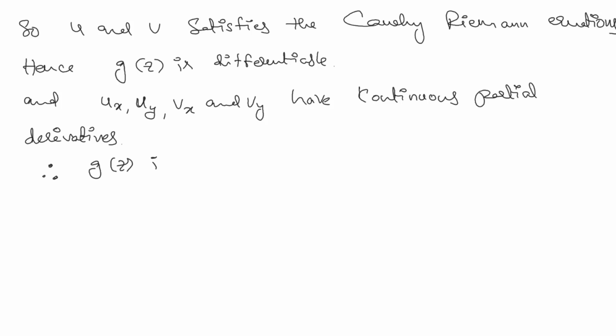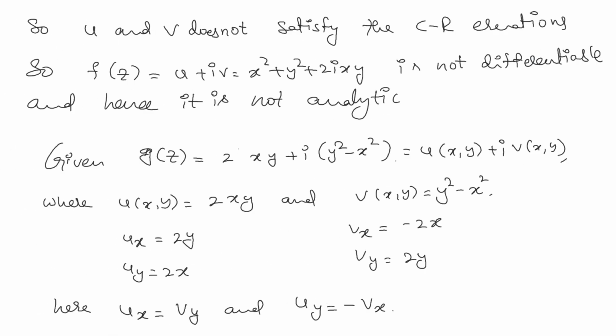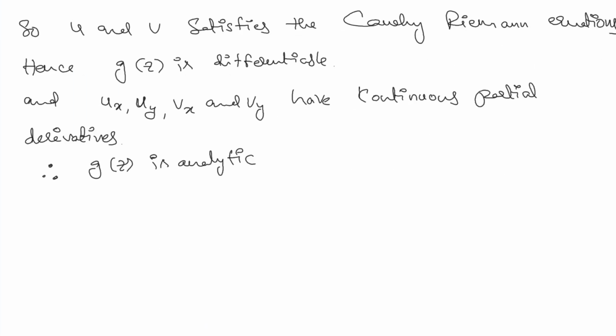Therefore g of z is analytic, since from the definition of analytic function, the real and imaginary parts have to have continuous partial derivatives, and those have to satisfy the Cauchy-Riemann equations. In the case of the function g of z, we have ux, uy, vx, vy holding continuous partial derivatives, and u and v are satisfying the Cauchy-Riemann equations, and hence we can say the function g of z is analytic.